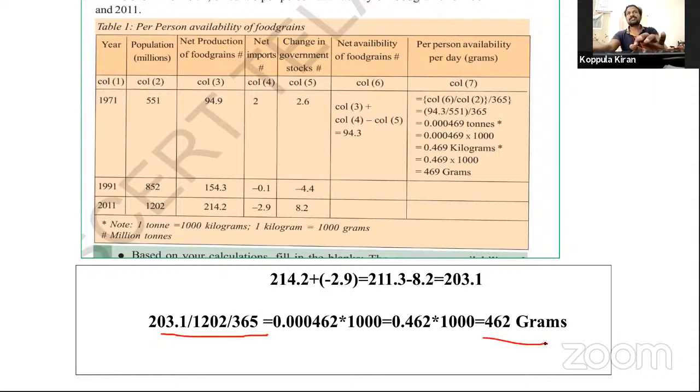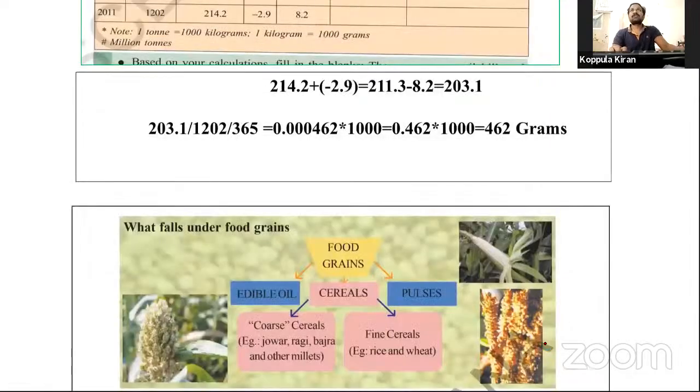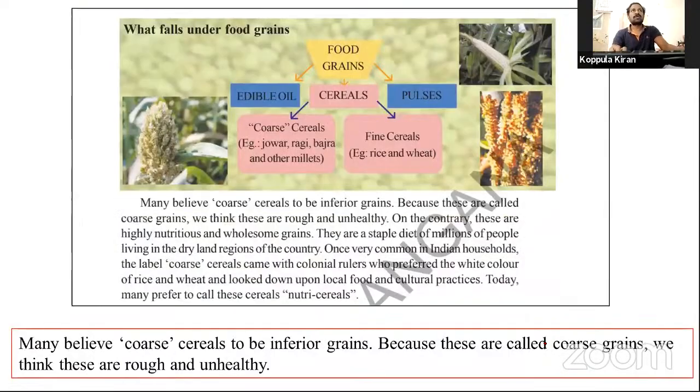This is 462 grams only. So it is decreased compared to both 1971 and 1991. So in our India, food grains availability per person per day is only 462 grams. This is very low. In this case, we require food security more and more.